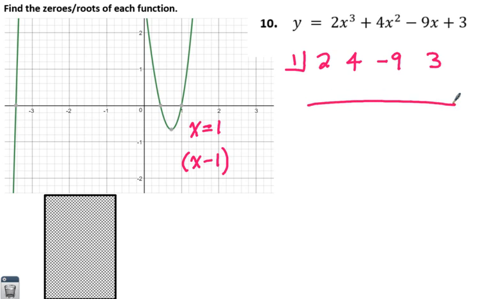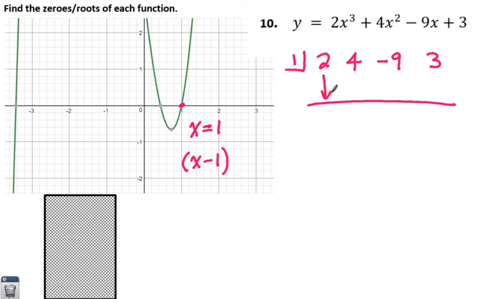Alright, so again, I know from my graph that one of the zeros is just 1, which means one of the bubble factors is x minus 1. I'm going to divide this away from that and get another factor as a result after the division.